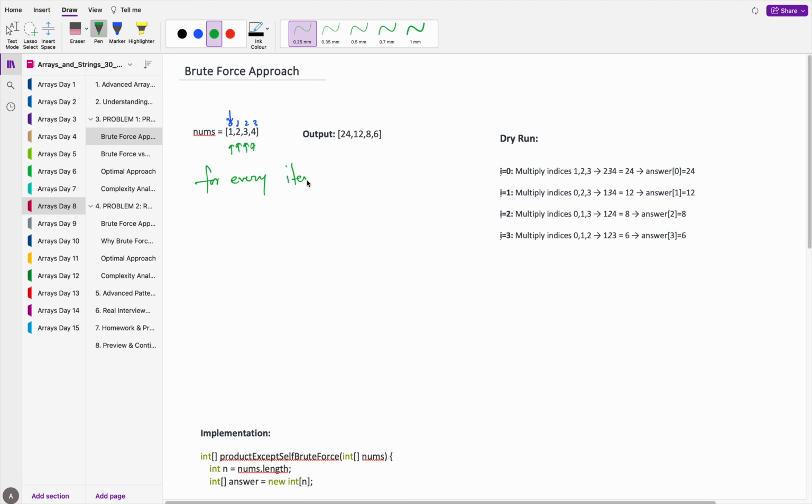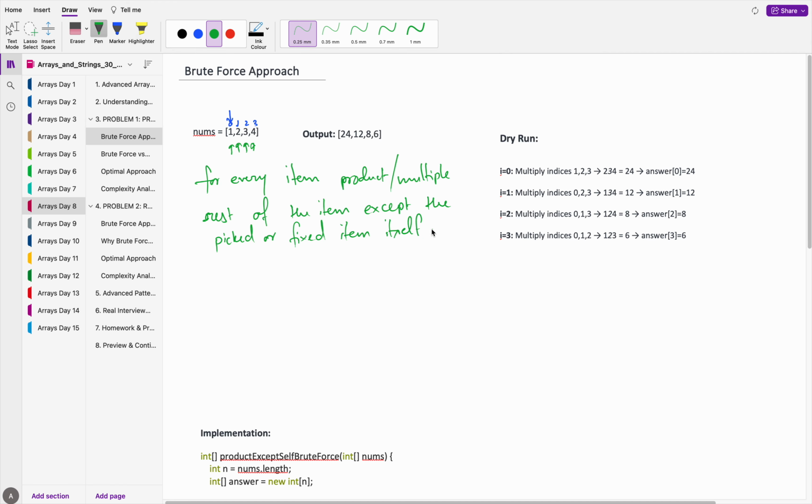For every item, product or multiply rest of the items except the picked or fixed item, or fixed item itself.